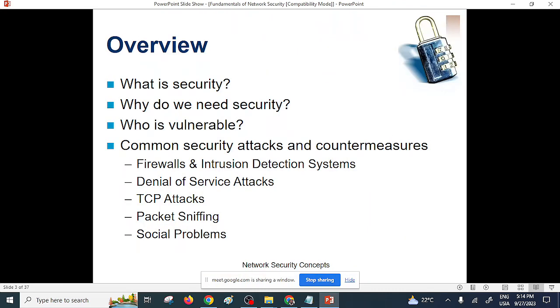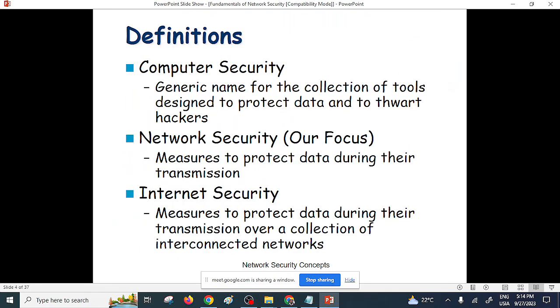So we just want to first understand the concept of security, because you have the network and the security. What do we need to really secure? Who is vulnerable when we're using these particular networks? And of course, the various countermeasures that we can implement in case of any given attack.